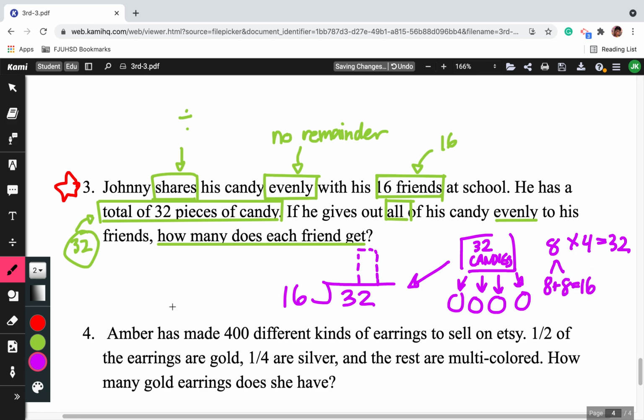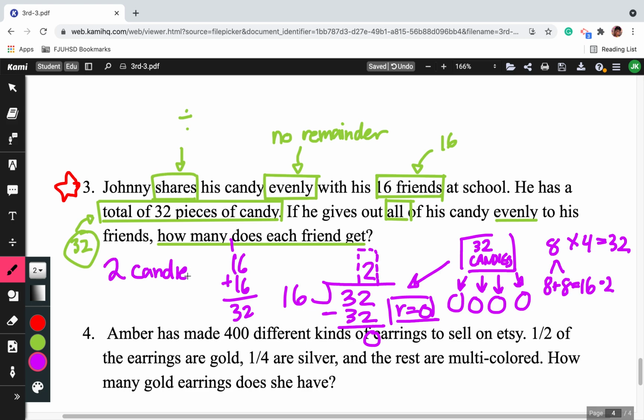Because 8 plus 8 is 16, that's going to get rid of the 4 and turn it into 2. Or you could just guess and check. 16 plus 16 is 32, which works. If we subtract that, the answer is going to be 0. If the remainder is 0, it worked. So each of his friends is going to have 2 candies.